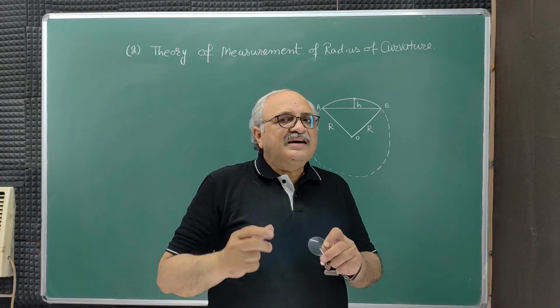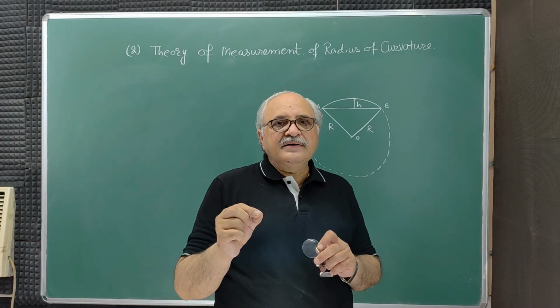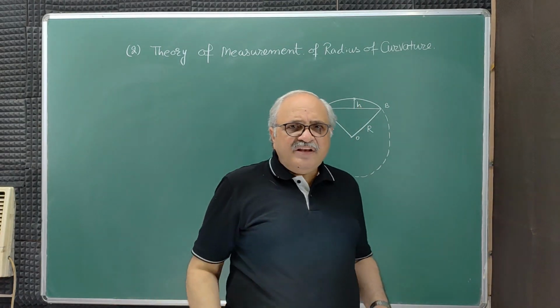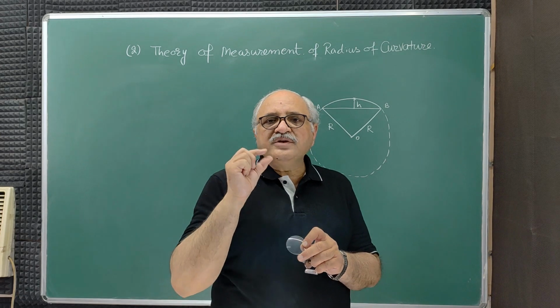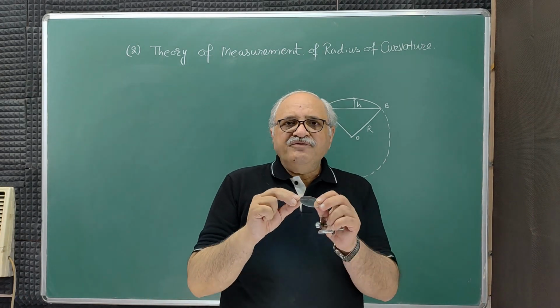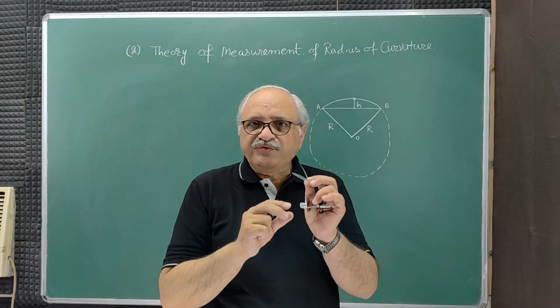The theory will tell us how we can link the radius with this height h. We'll explain later how to find the value of h, but let's say this is one parameter which we have to experimentally observe using a spherometer.